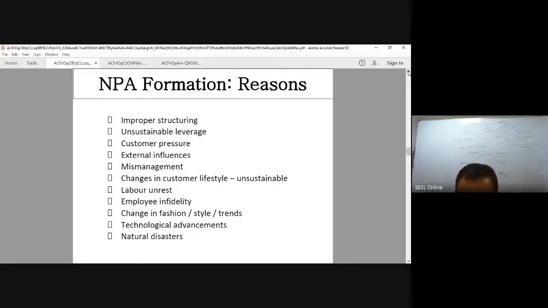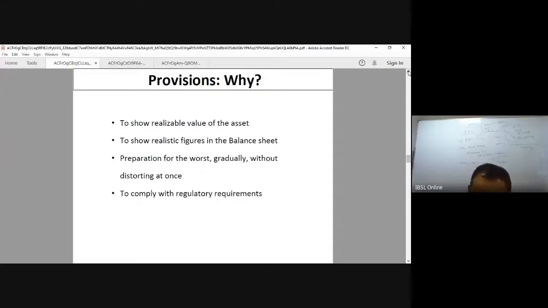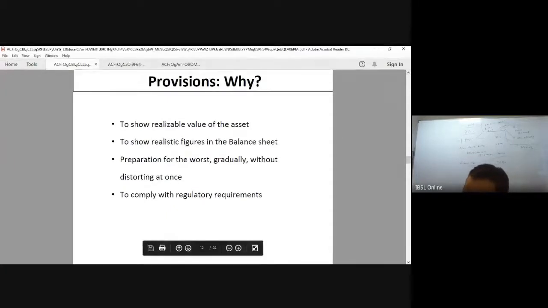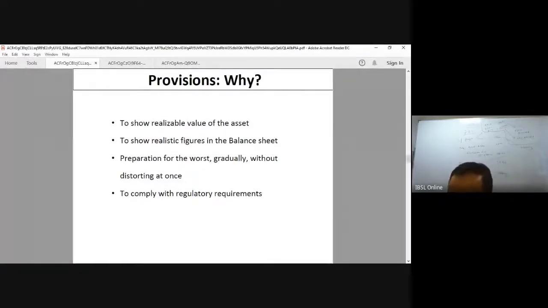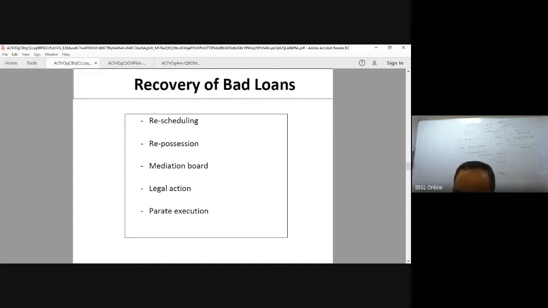What are the reasons for formation of NPA? What is the reason for you to make provisions in your accounts? All that we looked at. Any questions up to now? Shall I proceed? Okay.